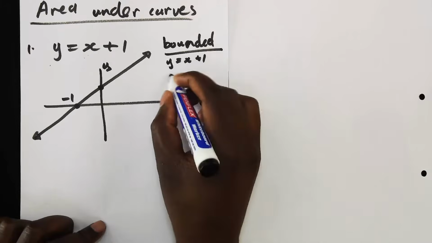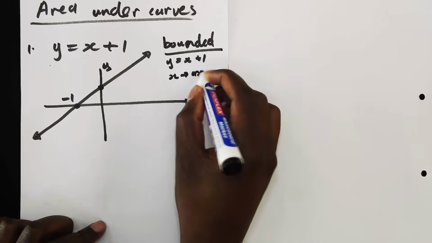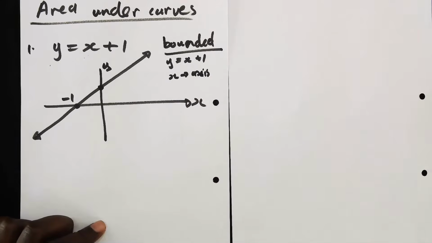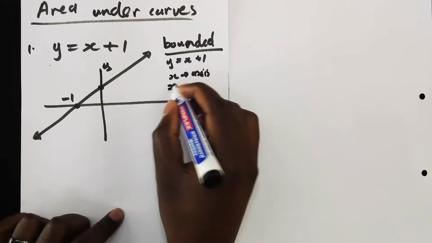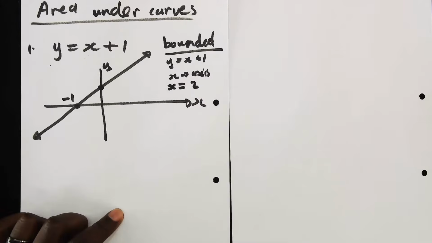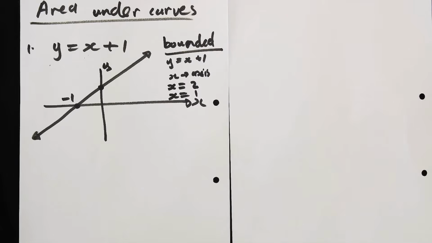Number 2, by the x-axis. Number 3, it is bounded by x equals 2 and x equals 1. That's the question. We need to sketch the graph, and shade the area which is bounded by the line y equals x plus 1, by the x-axis, by line x equals 2, and line x equals 1. Page 242.